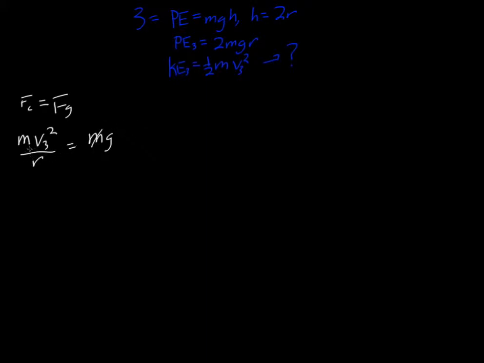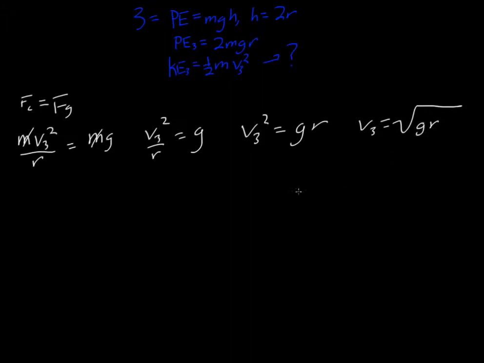A lot of masses are going to cancel out, giving us our velocity at point 3 squared over the radius is equal to the gravitational constant. Therefore, our velocity at point 3 squared is equal to a gravitational constant times r. So your velocity at point 3 is going to be equal to the square root of gr.